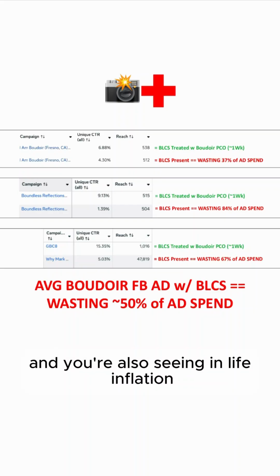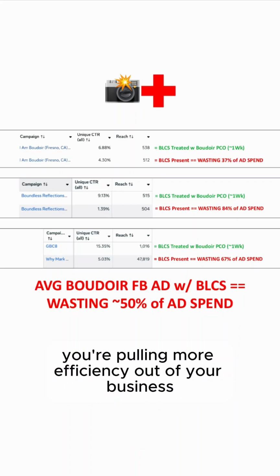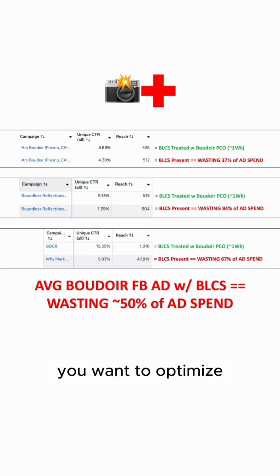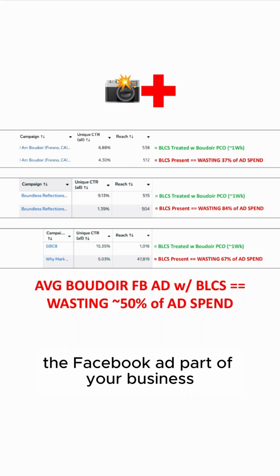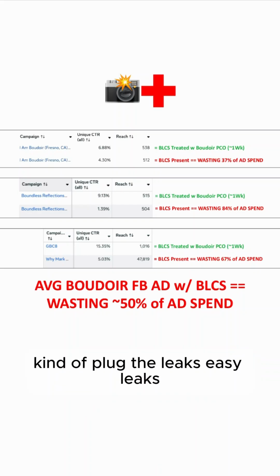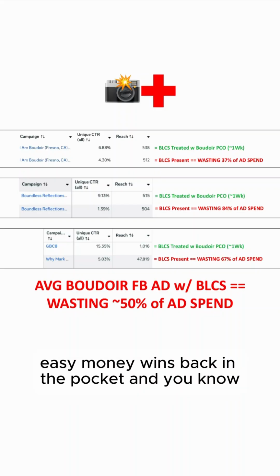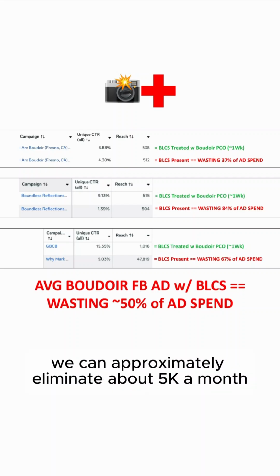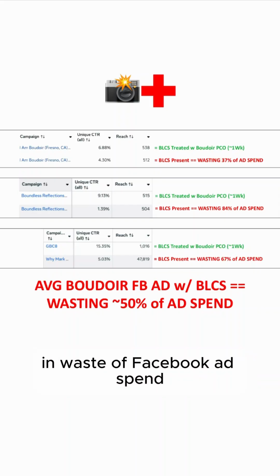And you're also seeing life inflation, life costing more and more. So you decide you're pulling more efficiency out of your business. You're optimizing other parts of the business. Now you decide you want to optimize the Facebook ad part of your business, plug the leaks, easy leaks, get some fast, easy money wins back in the pocket. And you're seeing, we can approximately eliminate about 5K a month in wasted Facebook ad spend.